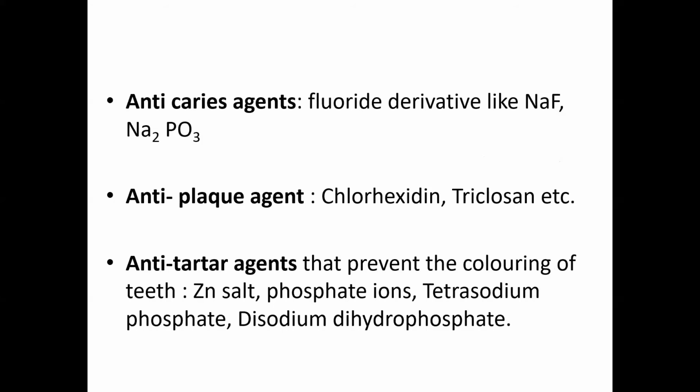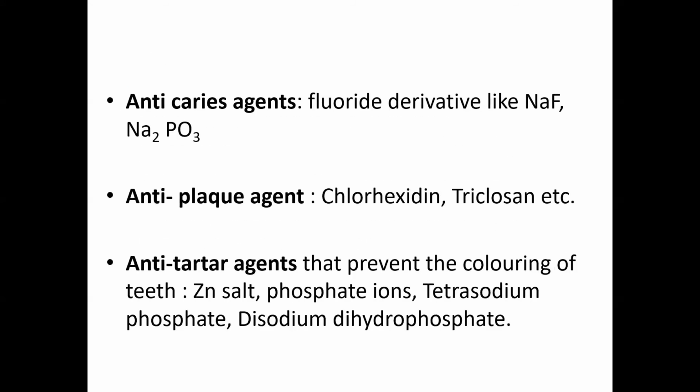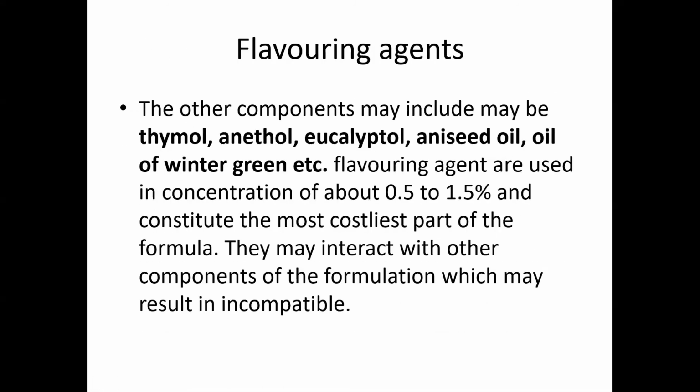Several other agents like anti-caries agents, anti-plaque agents, anti-tartar agents, sensitive dentine agents, agents for optical brightness, bleaching agents, and pH regulators may also be used in the preparation of the toothpaste. The anti-caries agents include fluoride derivatives. Anti-plaque agents and anti-tartar agents may also be used. So these are some of the building blocks used in the formulation of the toothpaste.